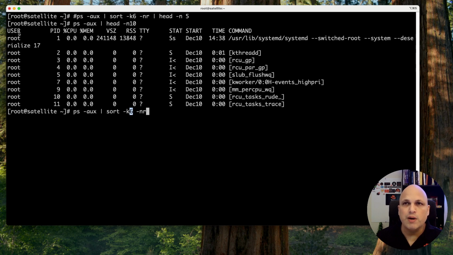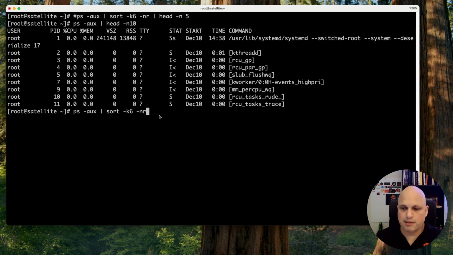So let's see which one is the 6th. First, second, third, fourth, fifth, sixth. So this is the 6th column, and this is the resident set size. This is the memory in use for each process. So I'm also passing -nr, which means, hey, use the numerical order and reverse, because by default, the higher number will be at the bottom, and I would like to see it on the top.